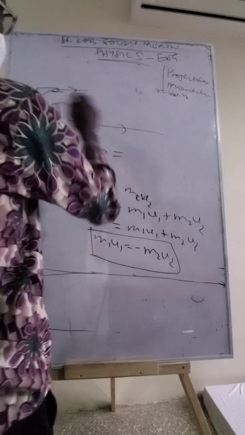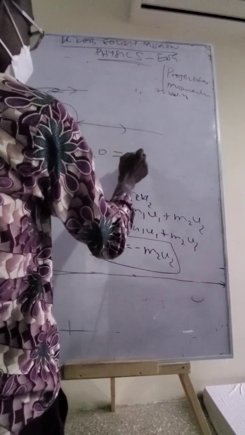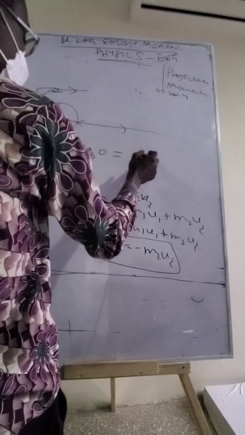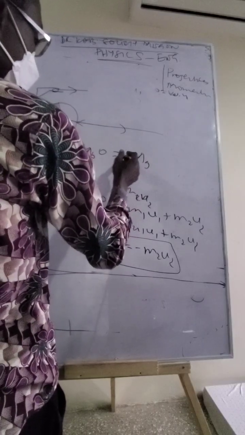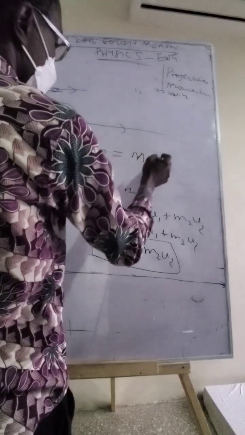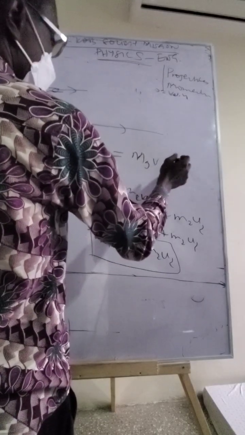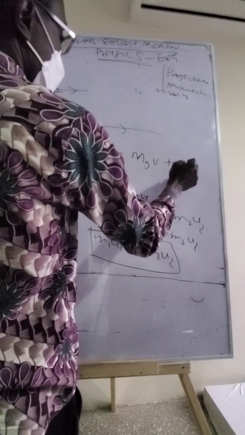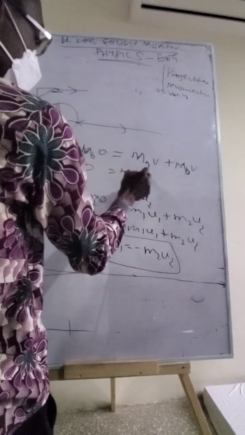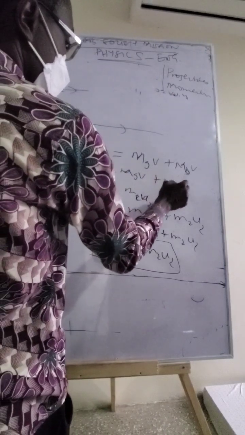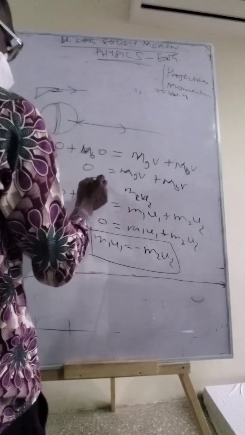Becomes what? When it is shot, it's going to mean M gun moves back, or let's assume we don't know, it moves with a certain velocity. This also moves with a certain velocity. Because this is 0, we get what? M gun v plus M bullet v. Now this will cause one to become negative.